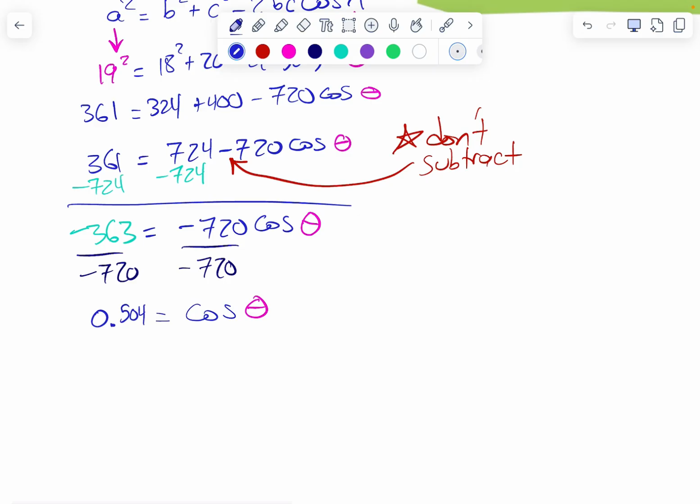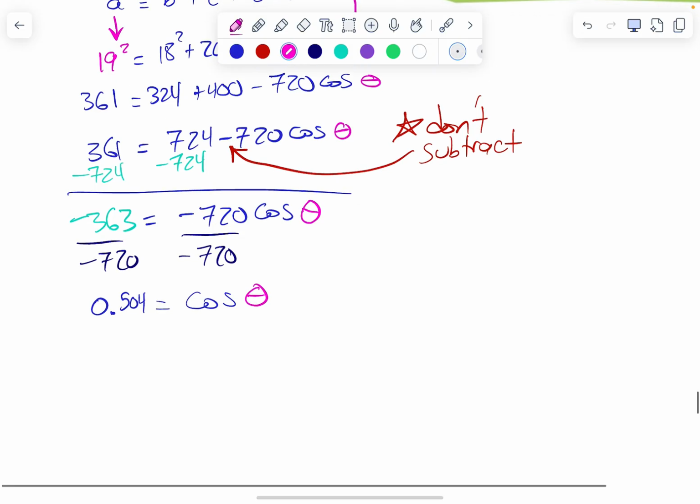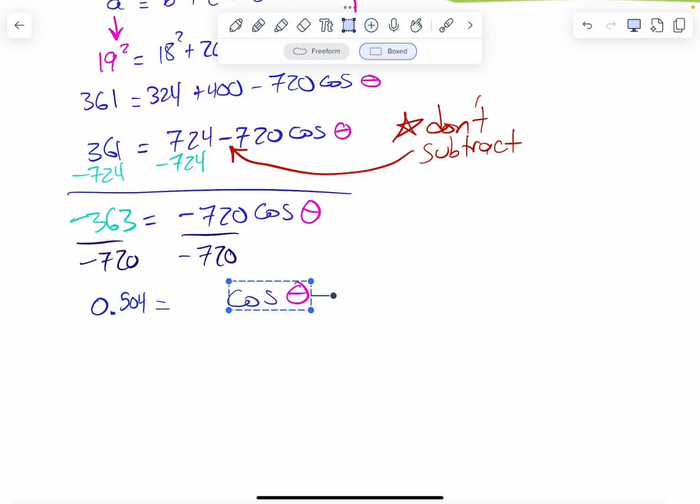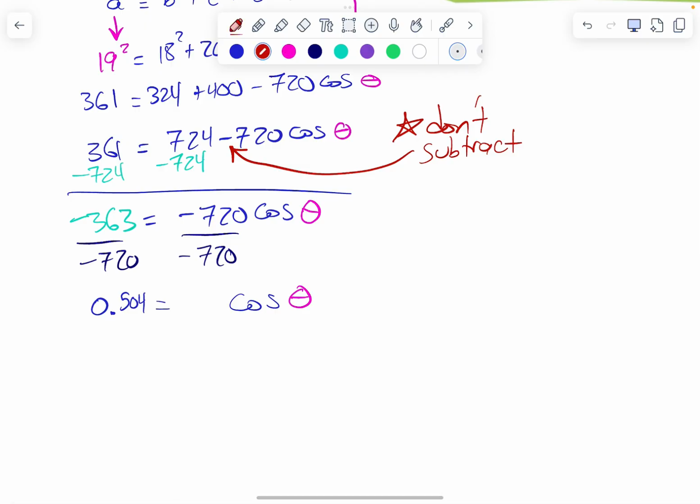All right, how do we undo cosine so we get theta by itself? Go ahead, Saphira. Nope, that's not how we say it. Yeah, good. You're right. Inverse cosine of both sides.